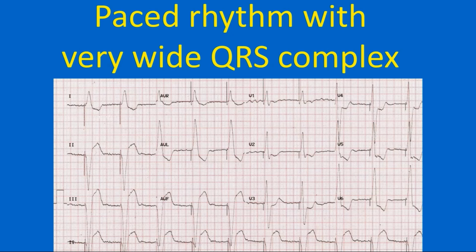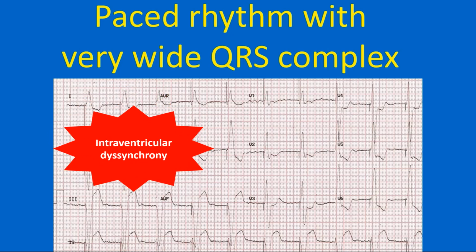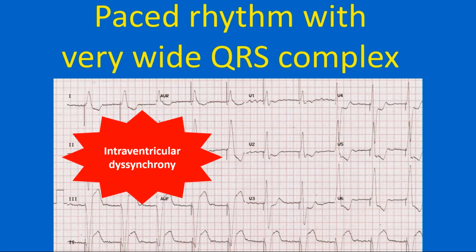The wide QRS with left bundle branch block pattern in right ventricular pacing could worsen the left ventricular dysfunction by intraventricular dyssynchrony between the contractions of the interventricular septum and left ventricular lateral wall. This is one of the downsides of right ventricular apical pacing.